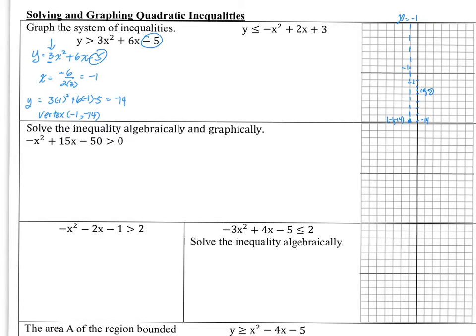And the reflecting point would be the distance from this point to this point, which is 1, so it should be here. So this should be negative 2, negative 5.